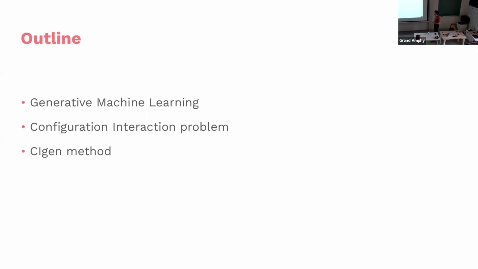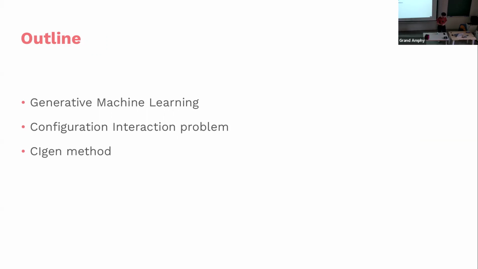So I will begin with a very pedagogical introduction to generative machine learning. I will go specifically into the restricted Boltzmann machine model and see how we can use it to learn a probability distribution and sample from it in the famous handwritten digit problem.